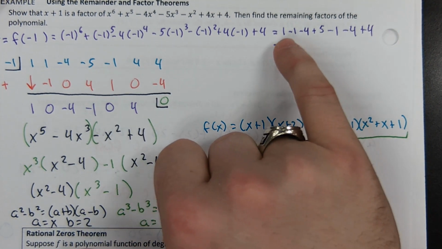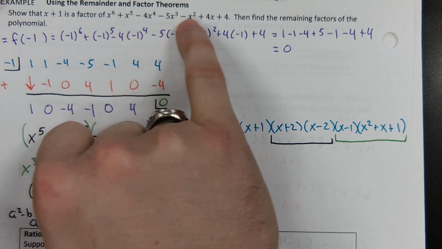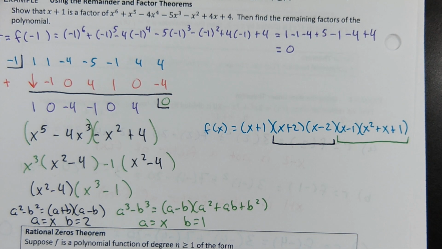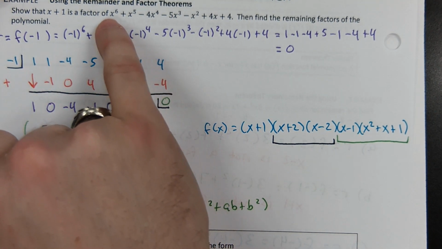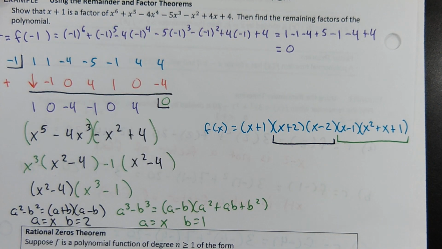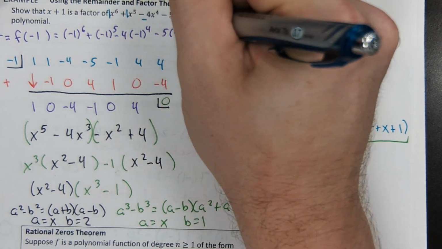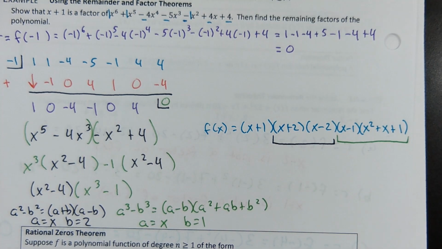Why did I get these numbers here? Because I just plugged in -1 everywhere where I had an x, and just figured out what it equals. Whereas here, these blue numbers are the numbers that sit in front of these x's. These are just the coefficients. They're this 1 here, this 1 here, this -4, this -5, this -1, this 4, and this 4.